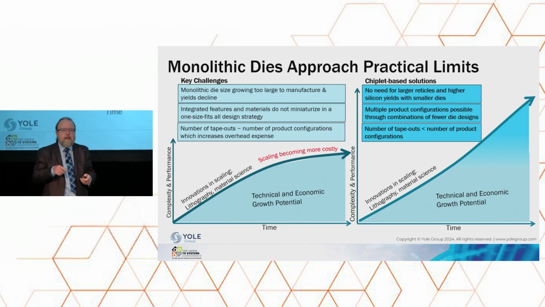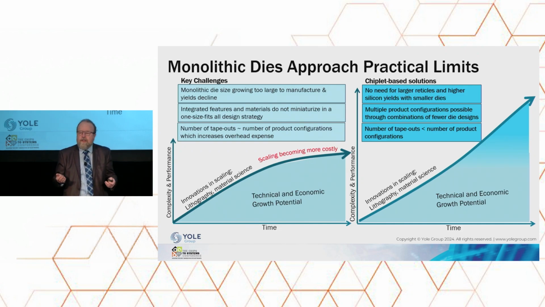So in a large heterogeneous monolithic die, there are some key challenges. Number one, the die, as we just talked about, is growing too large for you to be able to manufacture in the equipment that is currently producing systems. And I'm mainly focused on processors here.